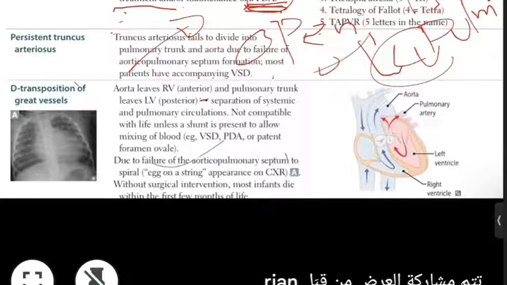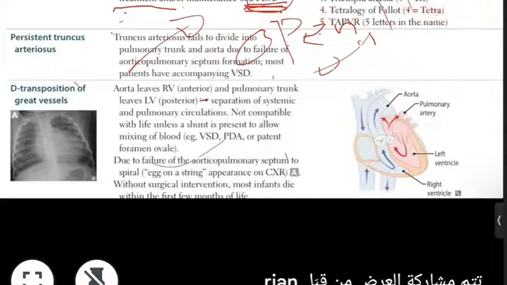The first one is the pulmonary artery, and the aorta. So sometimes, to maintain good oxygenation to the baby, you need to maintain this duct. So you have a mix between the oxygenated and deoxygenated blood. Okay? We will see later how this happens.